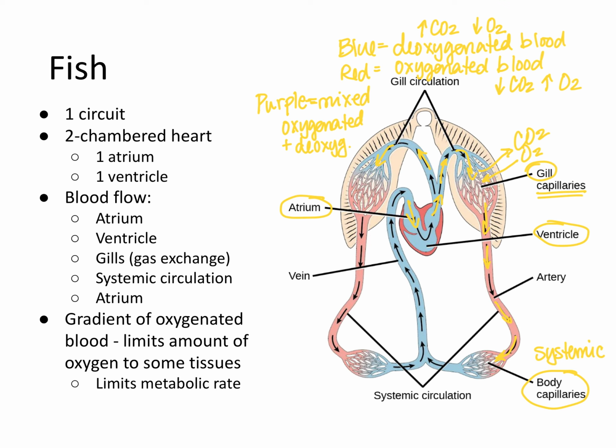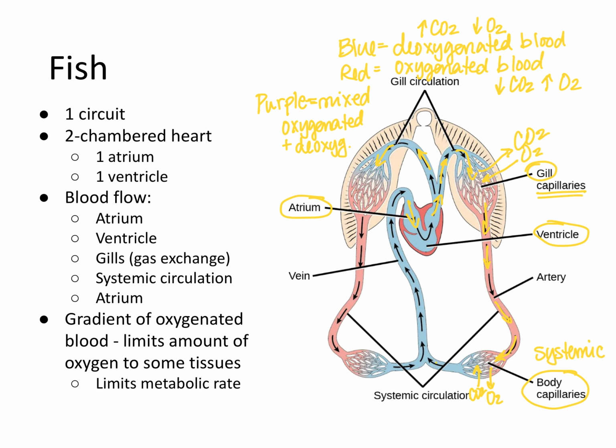And at the systemic capillaries, the capillaries are going to drop off oxygen, which goes to the cells and tissue so that they can do cellular respiration. And it's going to pick up carbon dioxide, which was produced by those cells and tissues when they performed cellular respiration.